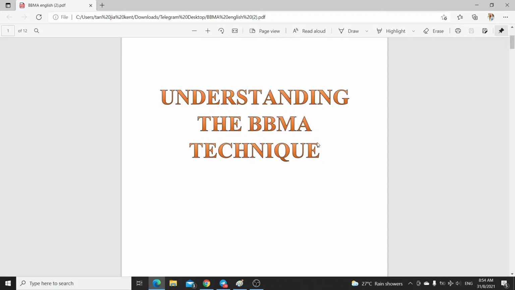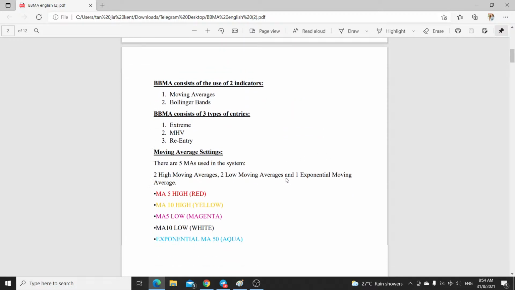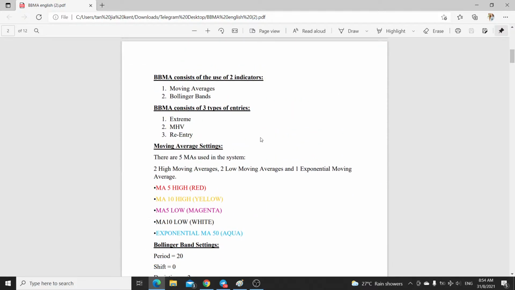When I just started learning it, it was not very easy to understand. So essentially, what is BBMA? BBMA consists of two indicators, moving average and Bollinger Band. It is also a multi-timeframe moving average and Bollinger Band together in the same chart.